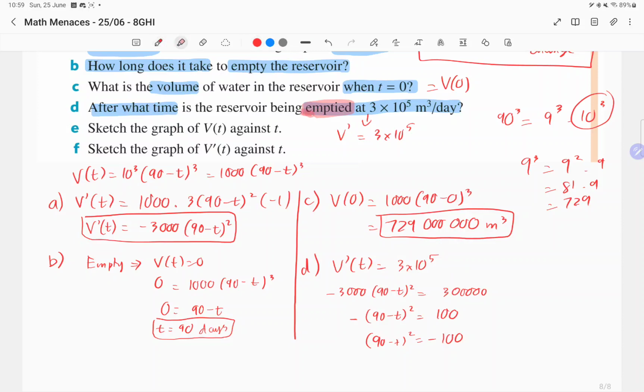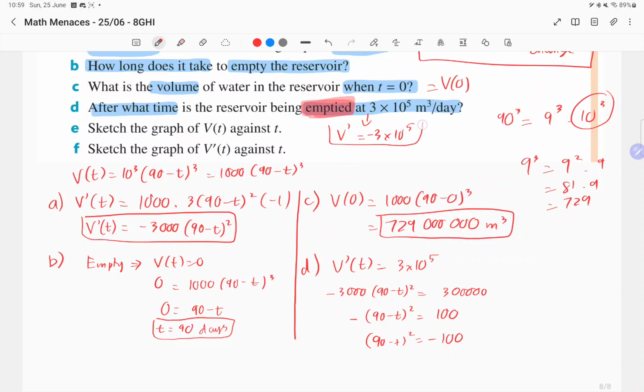Now, note the wording. The reservoir is being emptied, so the volume is decreasing. So the rate they're giving you, in terms of actual rate value, should be negative. If the rate is positive, you're increasing the volume, but the volume is decreasing, which means the rate is negative.